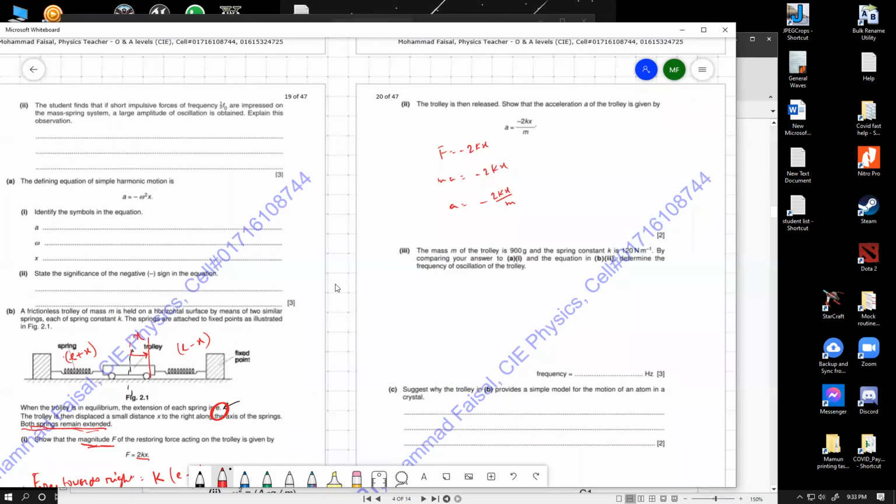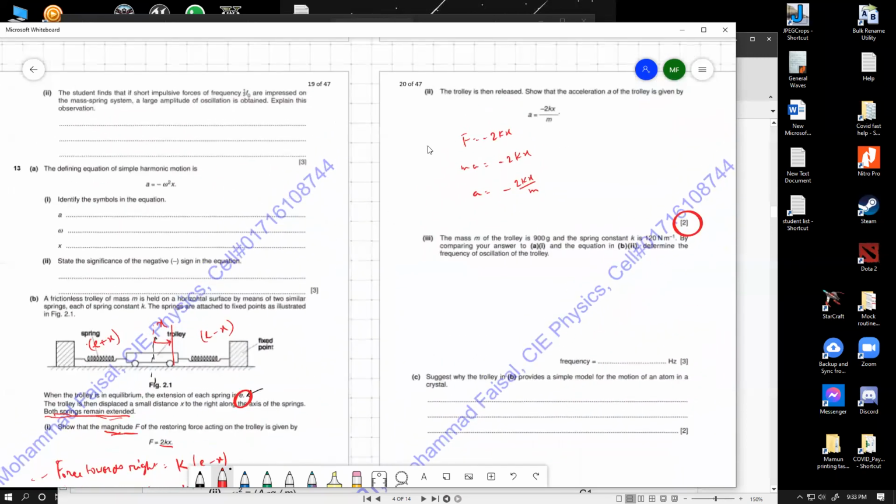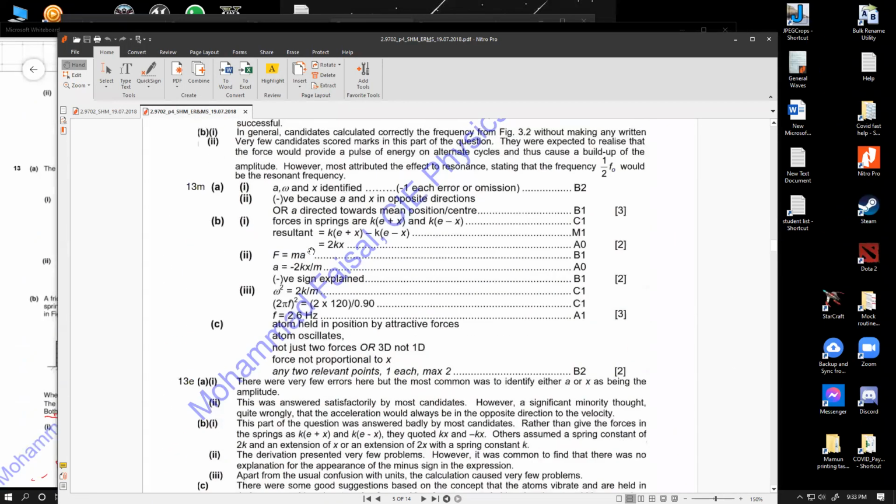I cannot think of anything else, but I don't see the point of 2 marks in this question. What is this? Some kind of trap? 13b2. No, it's not a trap.